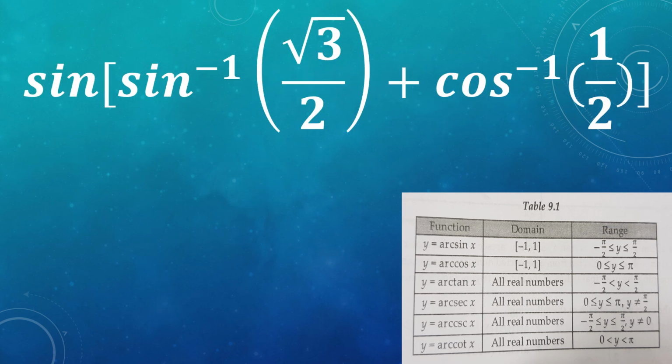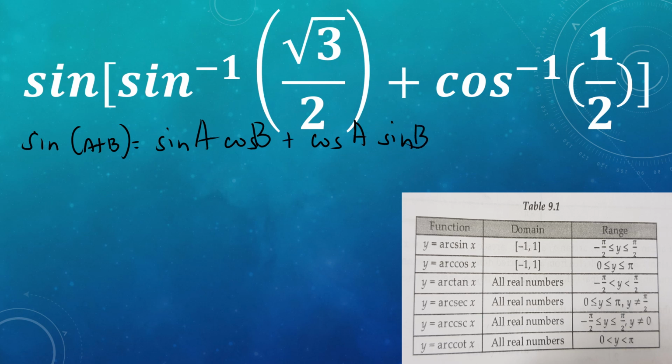Let's try another example. Sine of arcsine of square root of 3 over 2 plus arccos of 1 over 2. So, we're going to have sine of A plus B, which is equal to sin A cos B plus cos A sin B. And then, since it's plus, we are going to use plus.